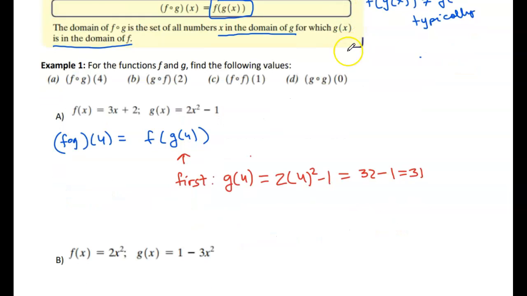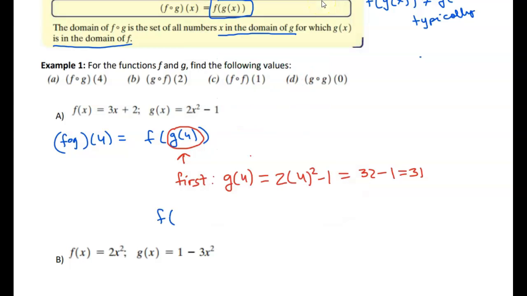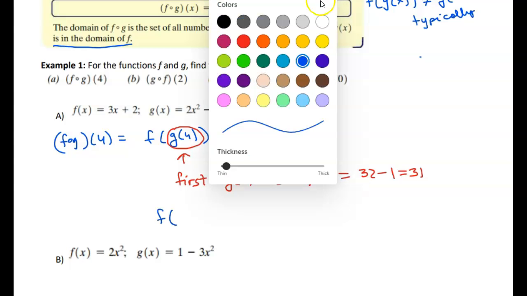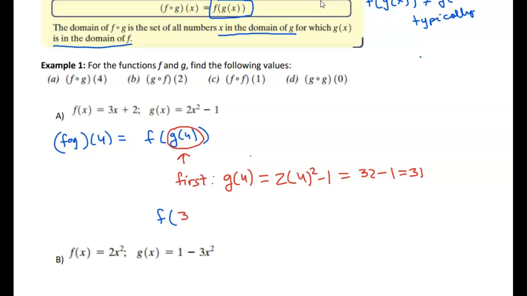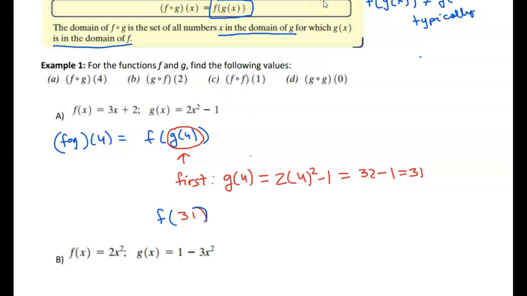This replaces g of 4. Now we need to figure out f of 31. The output you get from putting 4 into the g function gets plugged into the f function. So you do it step by step from the inside out.